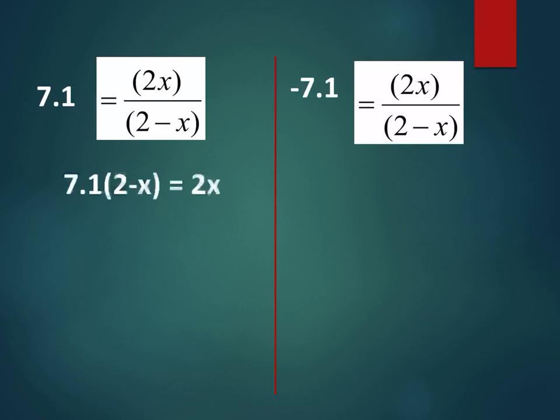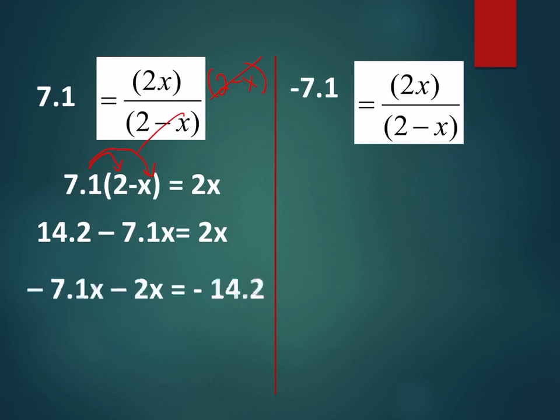So I'm going to multiply to get rid of this on this side, which means you're going to do 7.1 times 2 minus x. You have to distribute, so decide how much work you need to show. So 7.1 times 2 is 14.2 minus 7.1x equals 2x. You need to collect like terms, so bring the 2x over, making it negative, and then divide by negative 9.1.